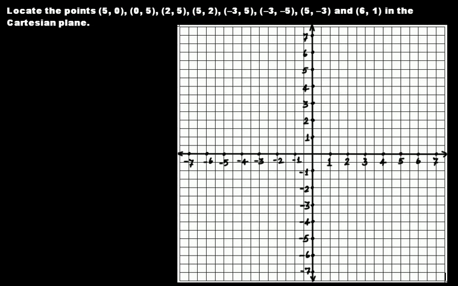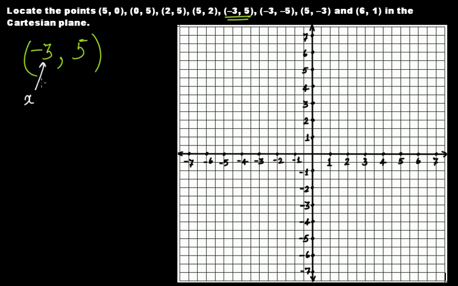In the next case we have (-3, 5). So -3 tells us about the x-axis.